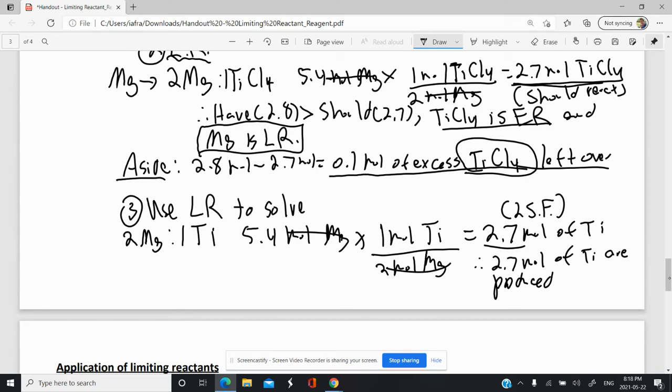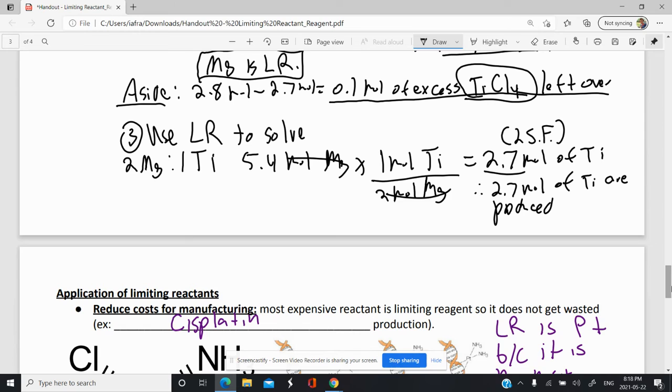If the question asks for mass, you would simply do the moles times the molar mass. So an aside, if the question asks for mass, we'd do mass is equal to the moles of titanium times the molar mass of titanium. But let's say the question asks for number of atoms of titanium.